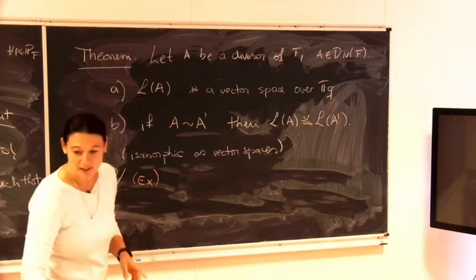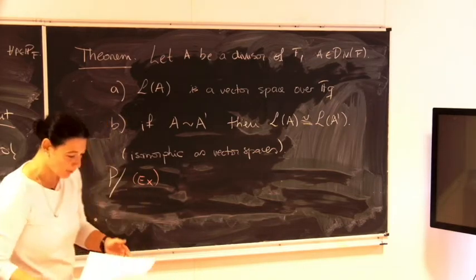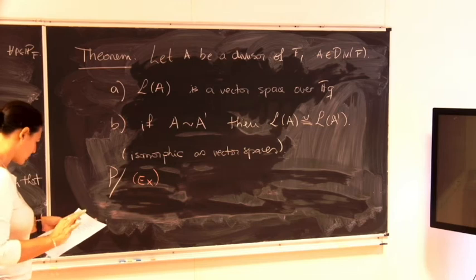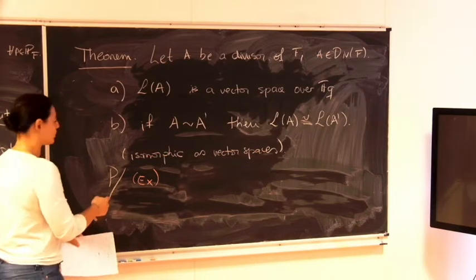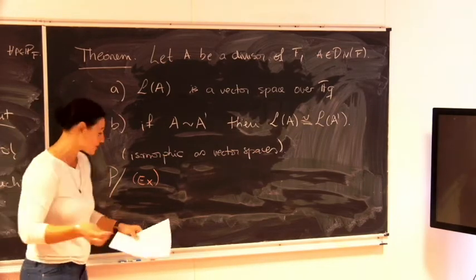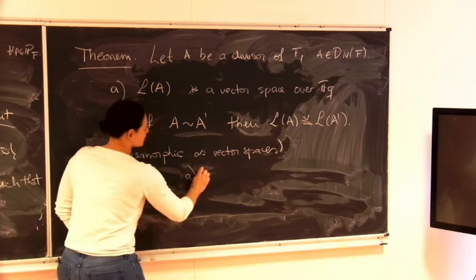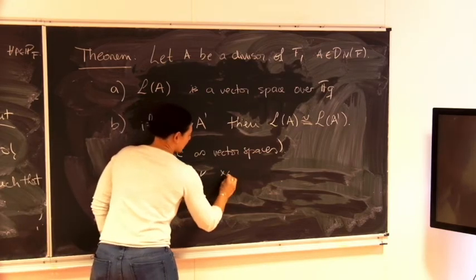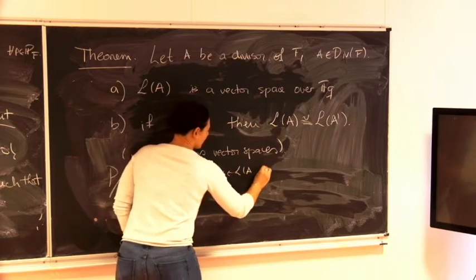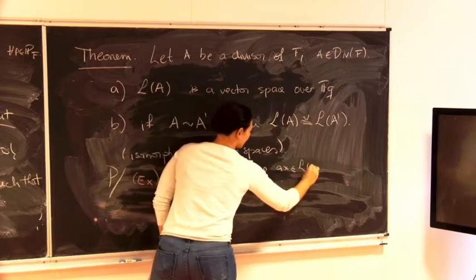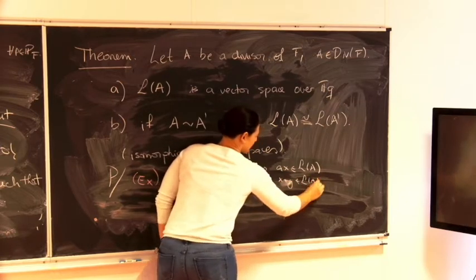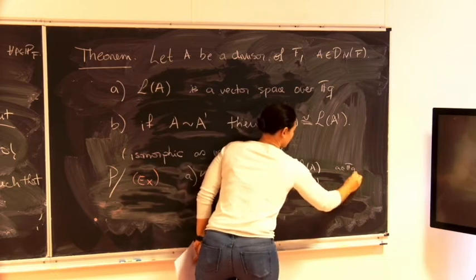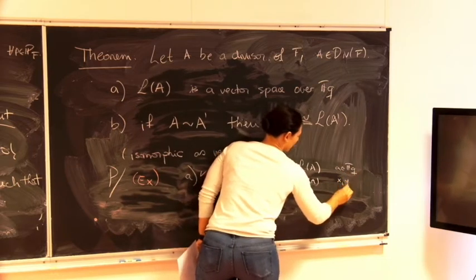Just working with evaluations is going to be enough. And for the second part is where you will have to use the property of principal divisors. So for the first part, it's easy. You just prove that if x belongs to L(A), then ax is there, and x plus y is there, for any constant a, and x and y in L(A).